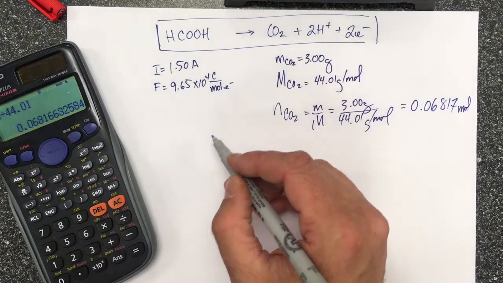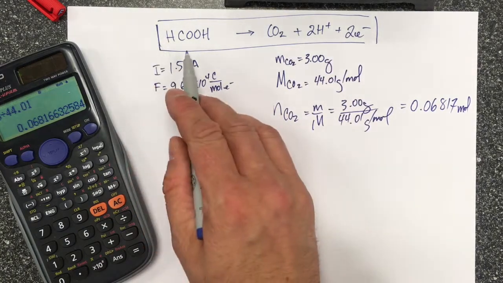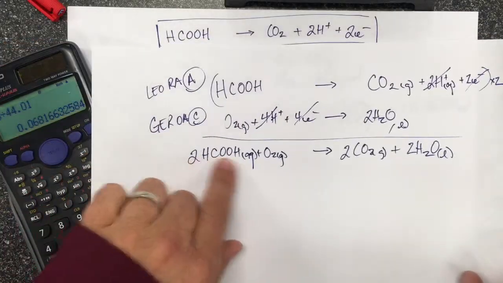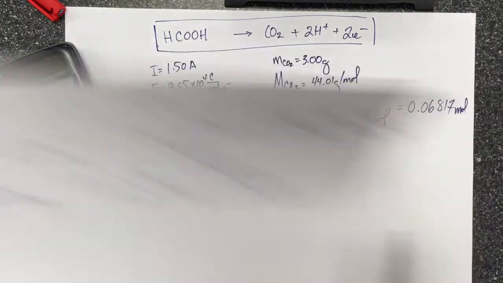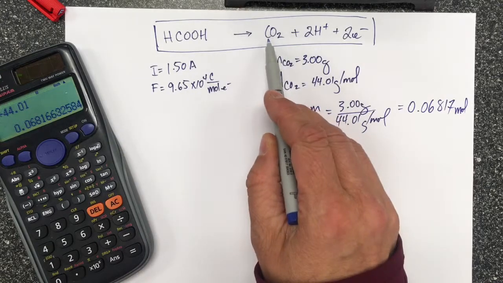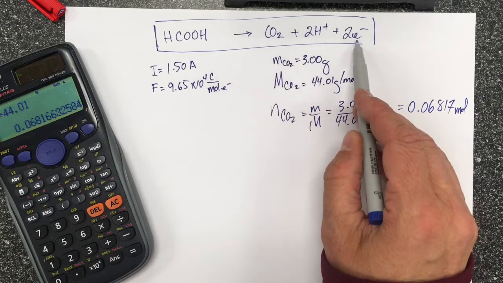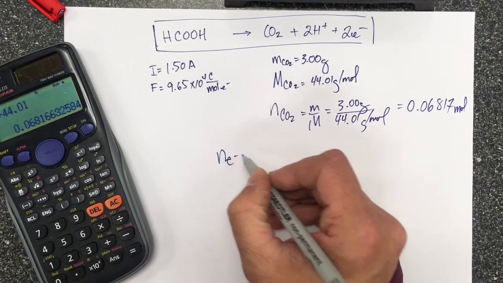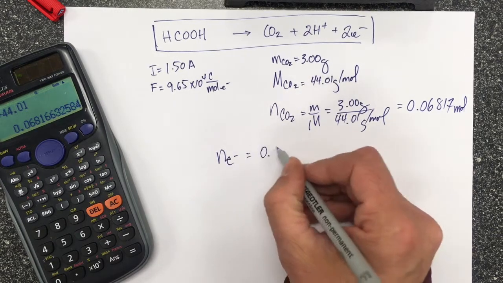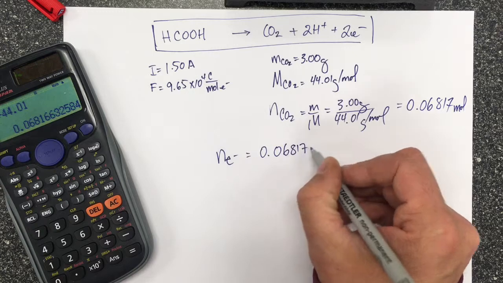But my carbon dioxide, so you'll notice I've just used the half reaction. I'm not using the doubled up. I'm just using the half reaction that I had before. For every 1 carbon dioxide is 2 moles of electrons. So the number of moles of electrons is going to be 0.06817 mole.